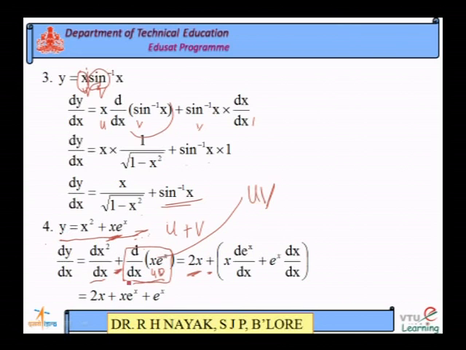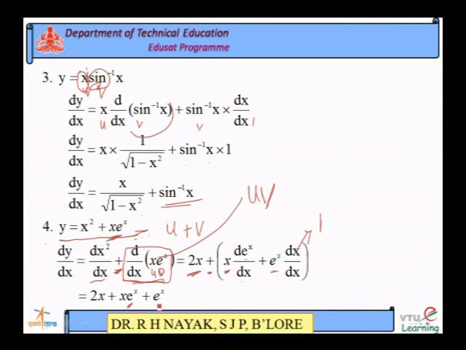So this is differentiated by using product rule, that is u into v. Keep u into differentiation of v plus v into differentiation of u. Differentiation of e power x is what? E power x, plus e power x is taken as it is. Differentiation of x is what? Differentiation of x is equal to 1. Therefore 1 into e power x is e power x.